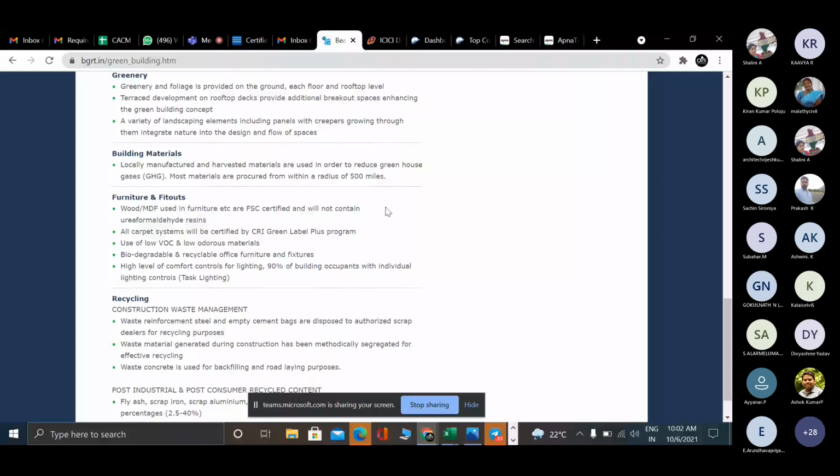So they use certified materials, even the carpets and plywoods, and it is monitored properly. And all the waste, reinforcement steel and empty bags are disposed of to an authorized scrap unit, so that they are not filling the land, but using it for recycling purposes.